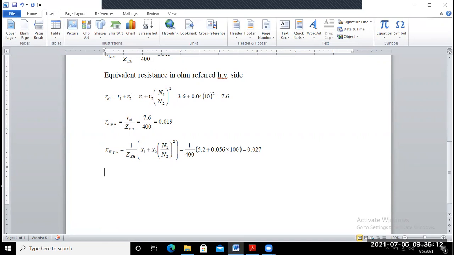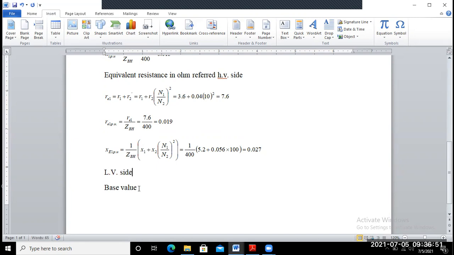Choose the base impedance value along the low voltage side, so choose the base values for the LV side.